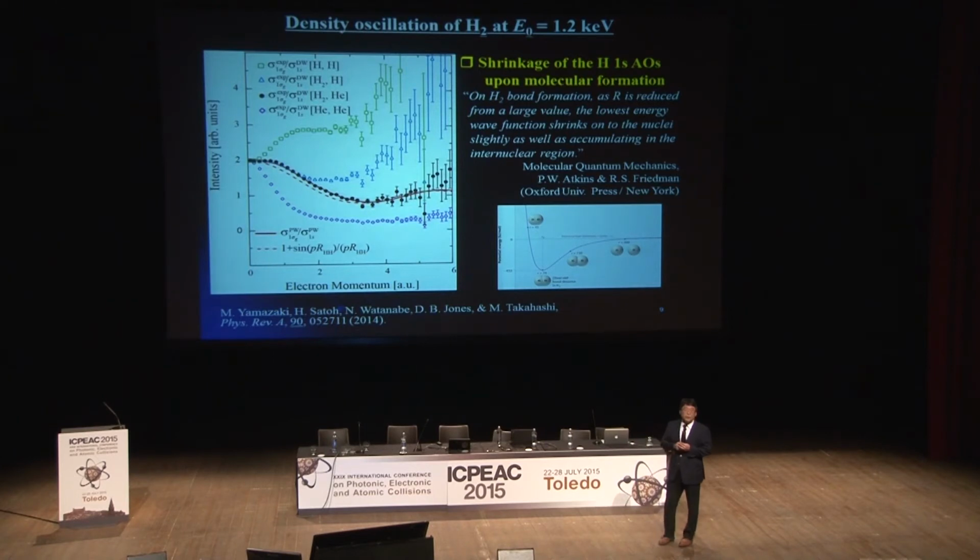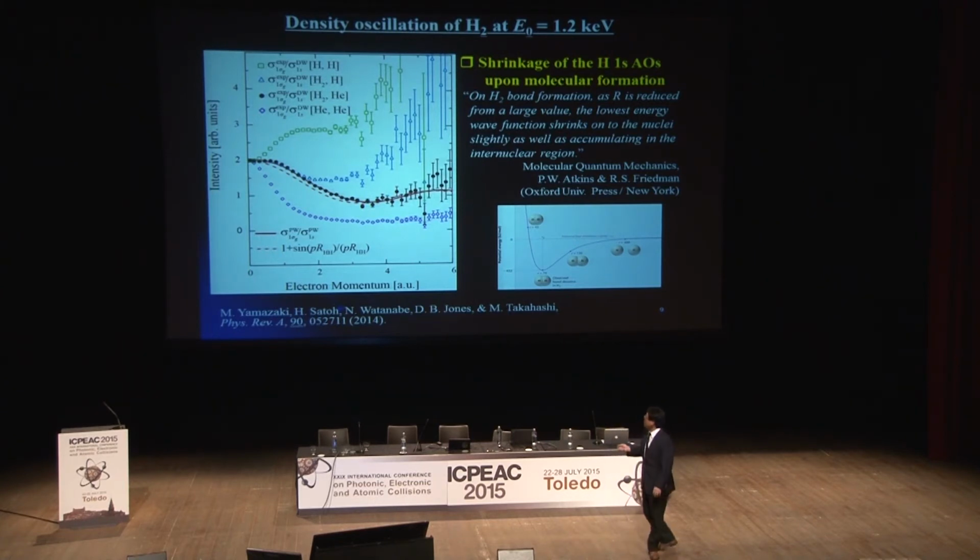One example for this is the result for the hydrogen molecule. You can see the expected curve shown by the red line is rather different from a structure created by using the isolated hydrogen 1s atomic orbital, and is consistent only when a spatially contracted atomic orbital is used in the analysis.